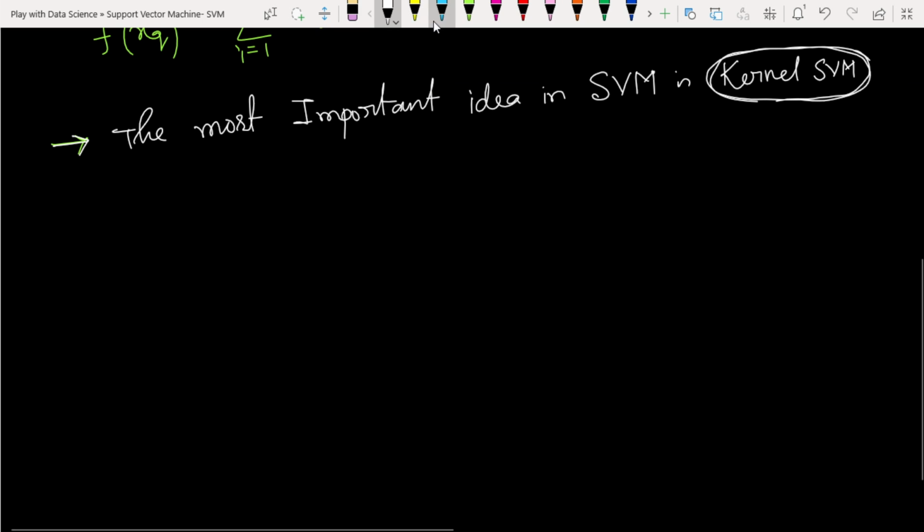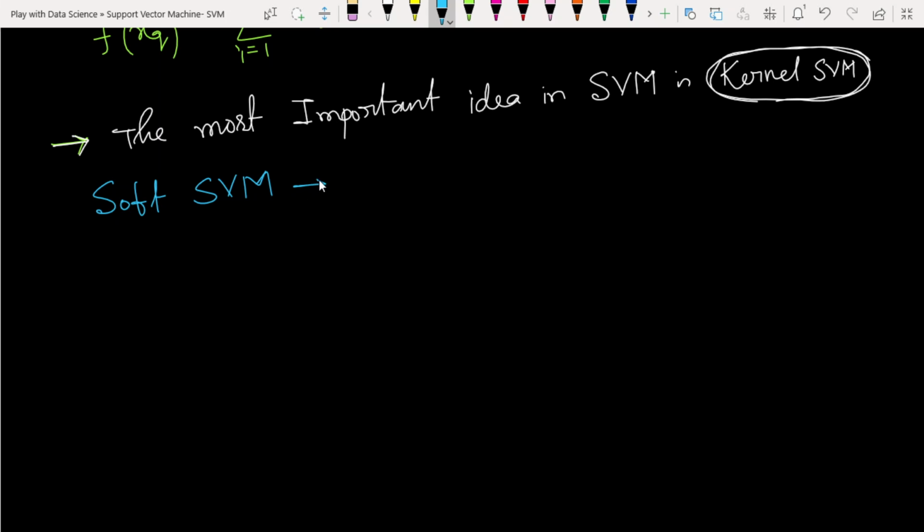If you remember our soft margin SVM, what we are doing is finding the hyperplane that maximizes our margin.